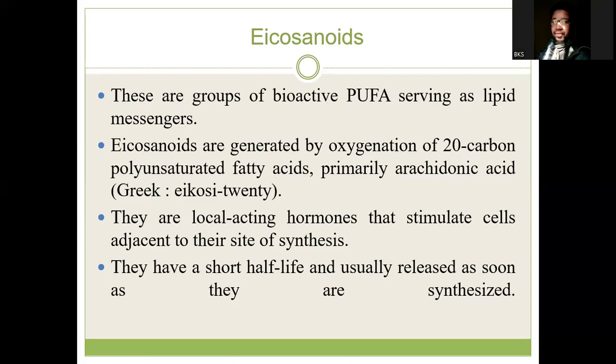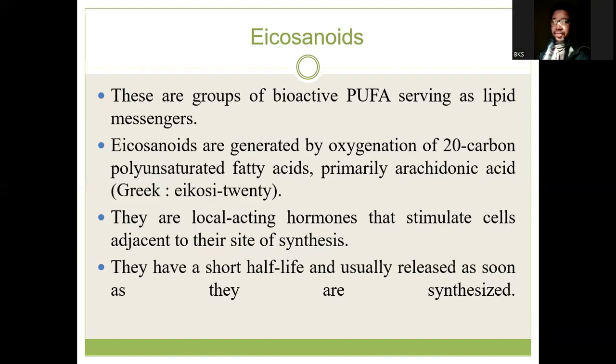So eicosanoids act as local hormones, exocrine hormones, to stimulate adjacent cells. They are produced very close to where they exert their effects. And usually, these chemical messengers are produced when their action is needed, unlike in the case of endocrine hormones, where they are produced and then stored in a particular gland.